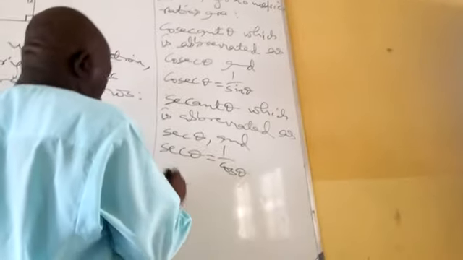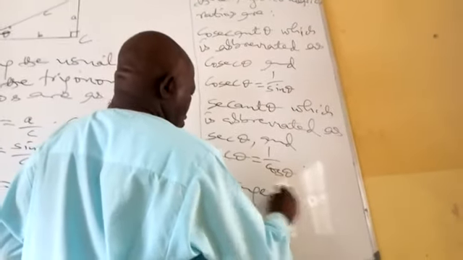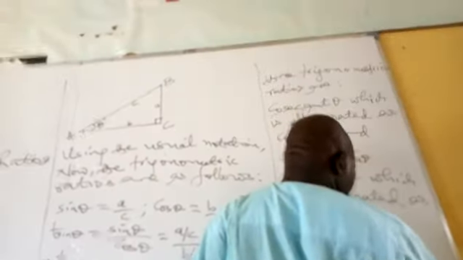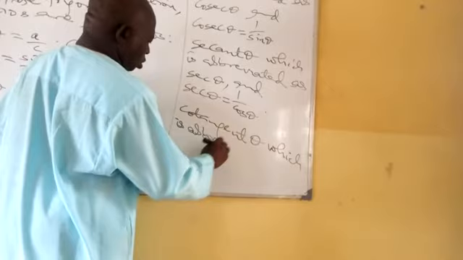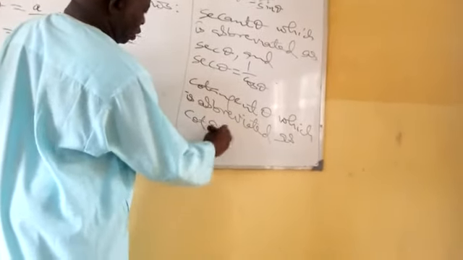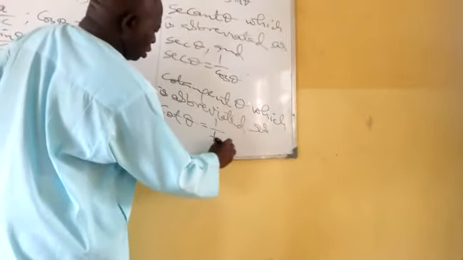Finally, we have cotangent theta, which is abbreviated as cot theta, and cot theta is equals to 1 over tan theta. So these are the inverses.